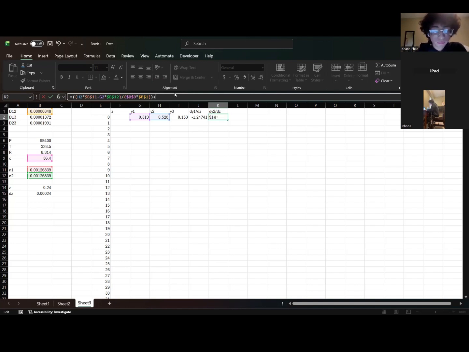Plus, since N3 is 0, we're going to do the same: plus negative Y3 times N2, lock it, over concentration times D23. And then don't forget to lock it.